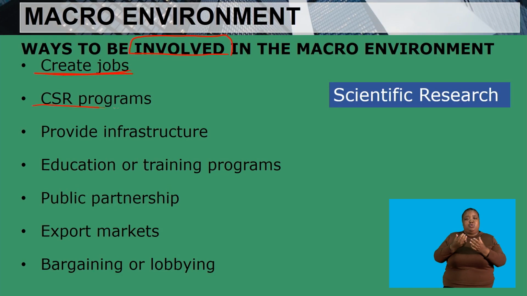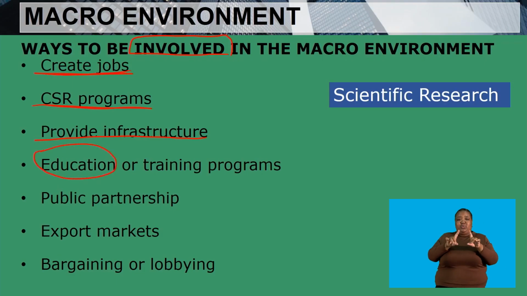We must also invest in CSR programs, which stands for Corporate Social Responsibility, where businesses must invest in the community and the environment in which they live. We can also help in providing infrastructure. So this could include fixing the potholes on the roads or whatever infrastructure that you can think about.